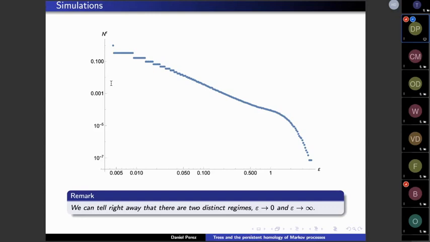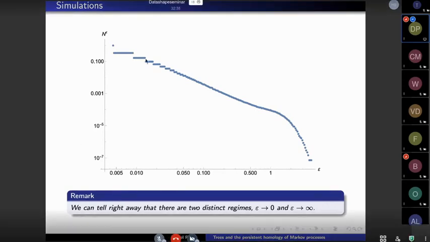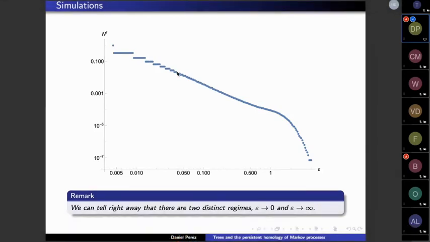The curve that is here is the expectation of n epsilon, and here we see how it depends on epsilon. This part of the diagram, don't pay too much attention to it. It's just a numerical error. This stair thing is just due to the way that I did the simulation. That's an important remark to make.